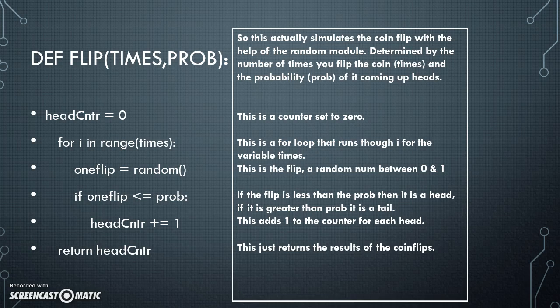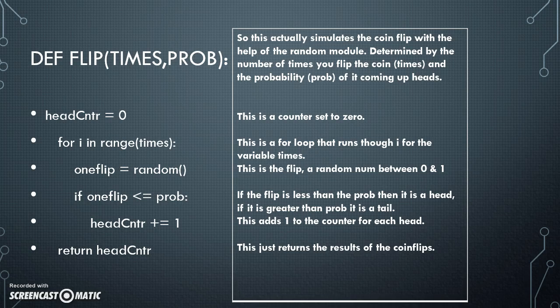Our next function gets into the actual flipping simulation. It uses the random module, and is determined by the number of times you flip the coin, which is set by the parameter times, and the probability of it coming up heads, set by the parameter prob. We're only calculating heads right now. The first part is a counter that's set to 0, so it's an initialized sum accumulator.